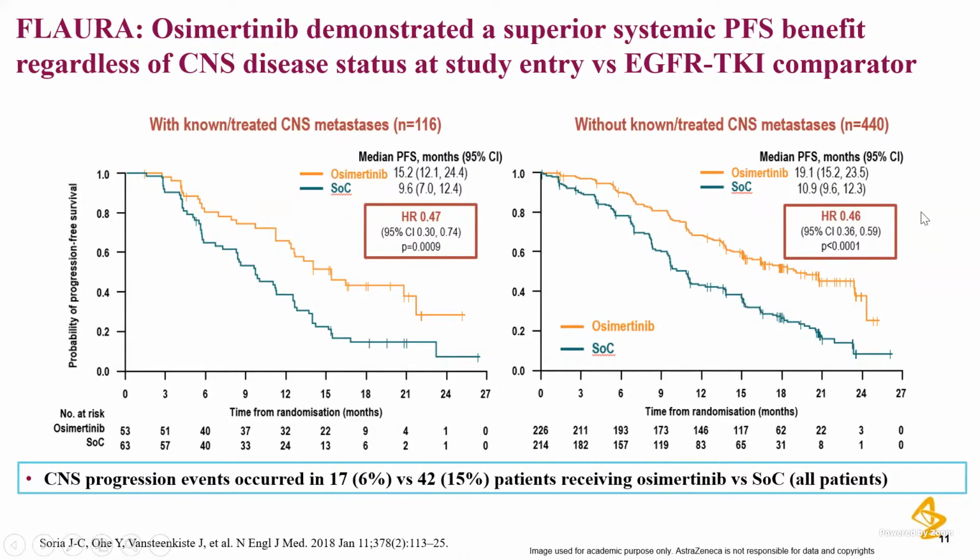So it prevented the development of brain metastasis, hence increased the progression-free survival. CNS progression events occurred in 6% versus 15% of the patients receiving osimertinib versus standard of care in all patients.